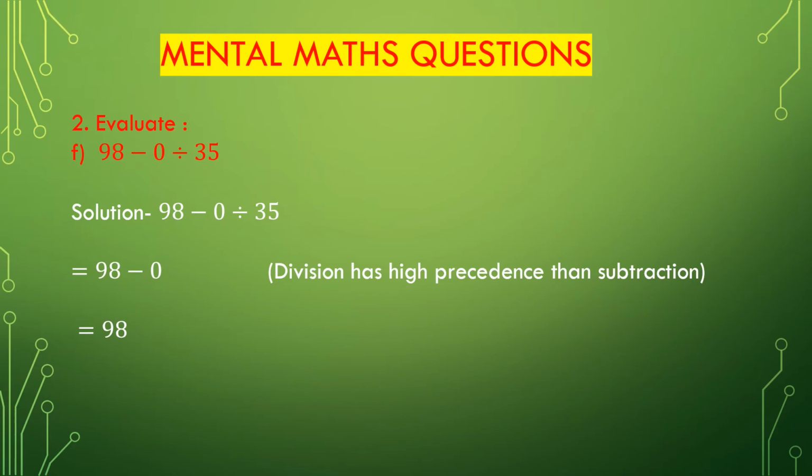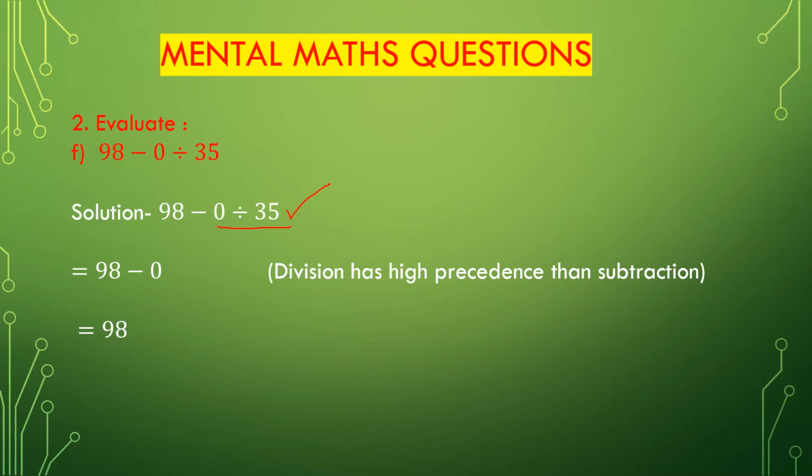Now we will solve question number 6, part F. 98 minus 0 divided by 35. We know division operation has higher priority than subtraction. So first the division operation will be performed. 0 divided by 35.